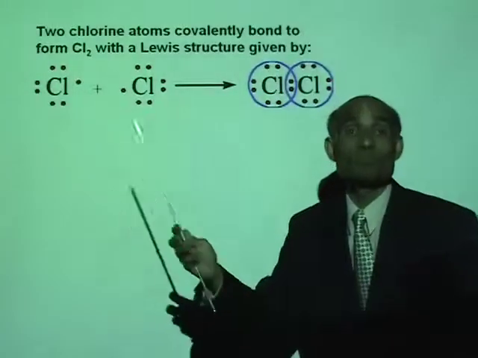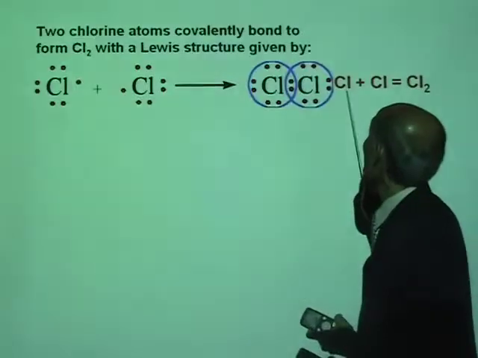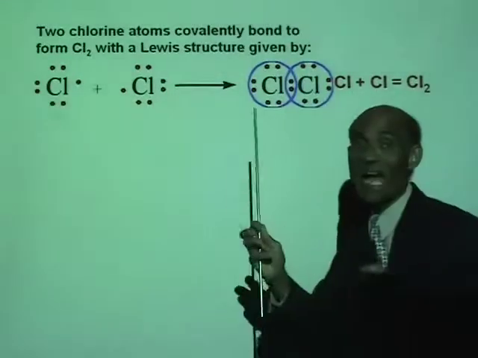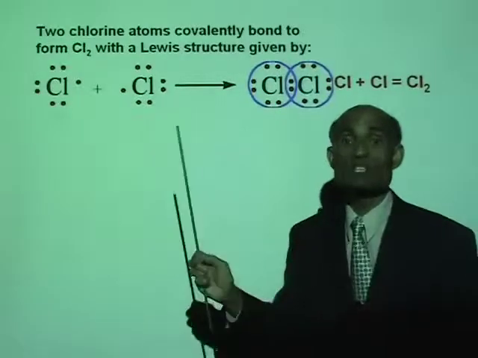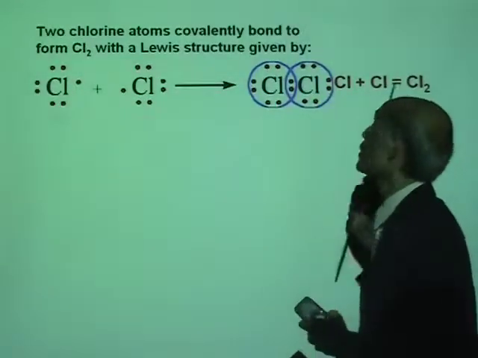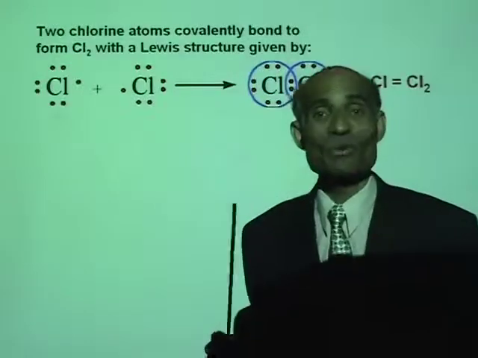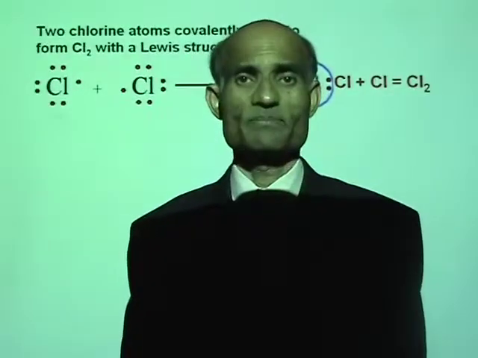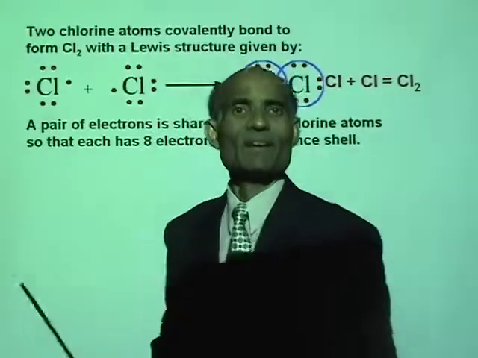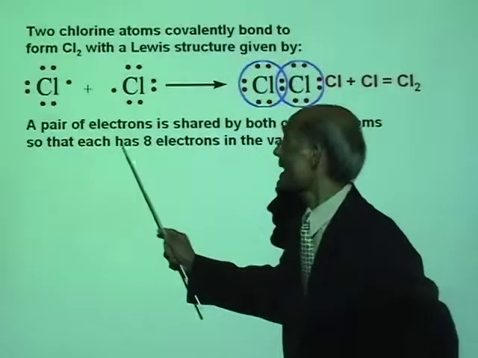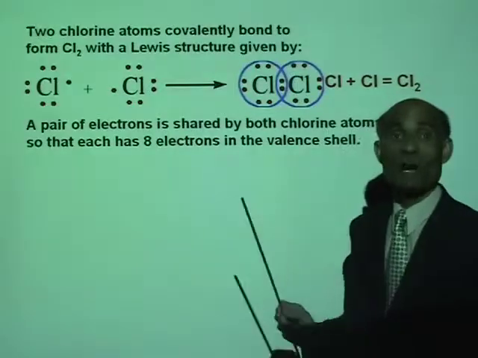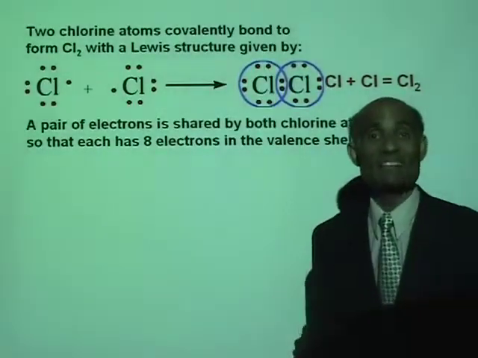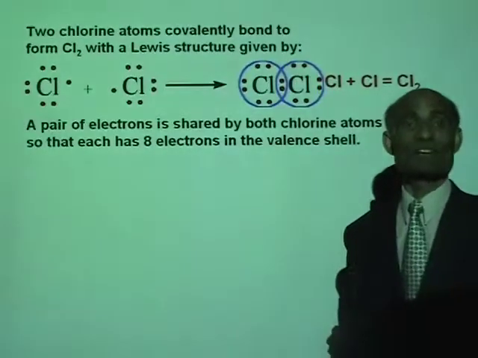The arrangement is perfect. So we say a chlorine atom coming together with a chlorine atom with this kind of arrangement forms a chlorine molecule, Cl2. So a pair of electrons is shared by both chlorine atoms so that each has 8 electrons in the valence shell.